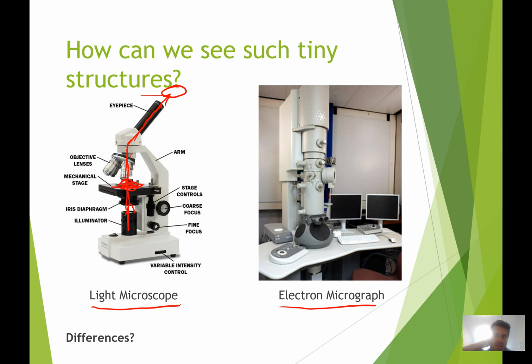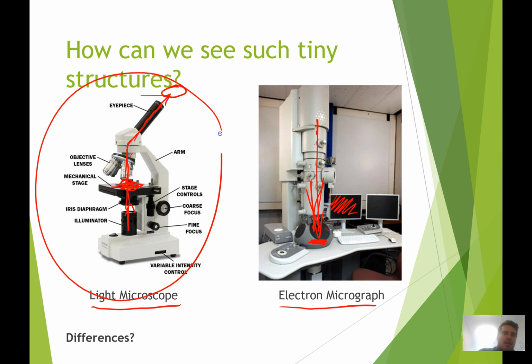An electron micrograph, on the other hand, works in a little bit more of a complicated way. You'll have whatever you're interested in on this little stage area, and you shoot electrons at it. Those electrons bounce back in different directions, and fancy computer software picks up those electrons, and then you get the image on the computer.